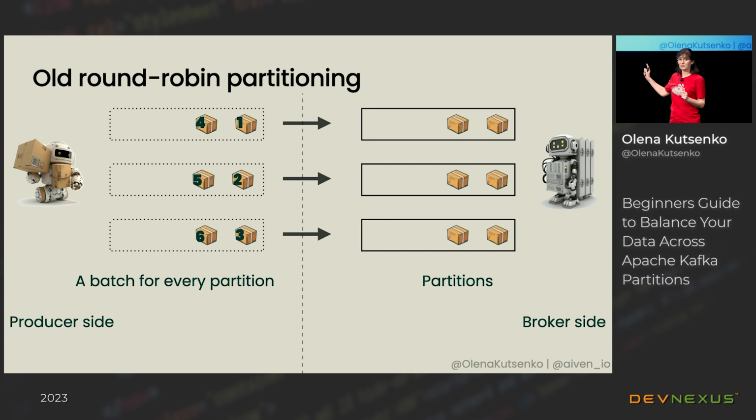Here, it's important to note that round-robin was not really sending those items immediately. That would be such an overkill. No, it was keeping that data in a buffer locally, then accumulating and sending those batches to the partitions. And in this way, a nice and even data distribution was achieved.